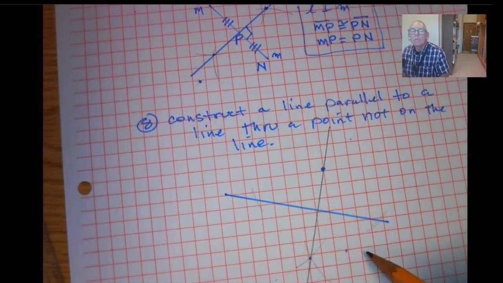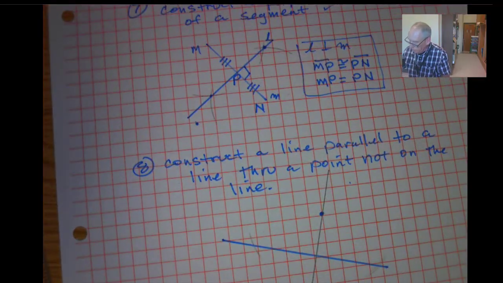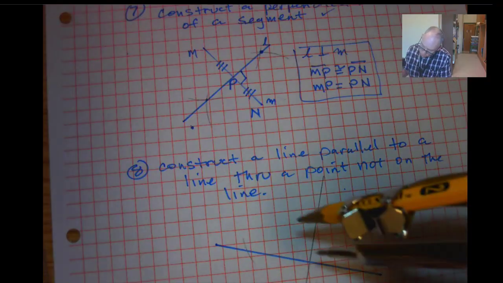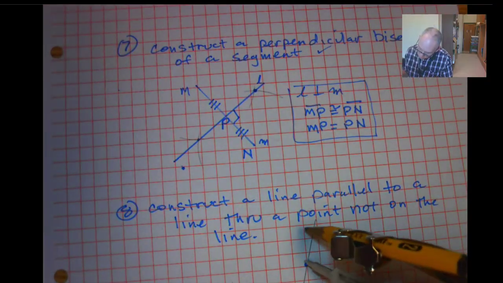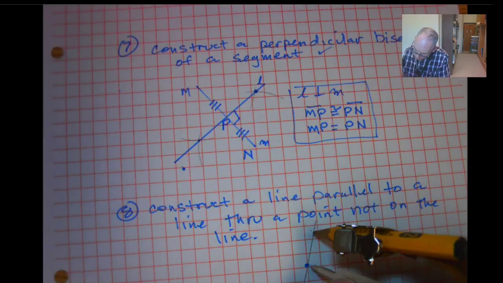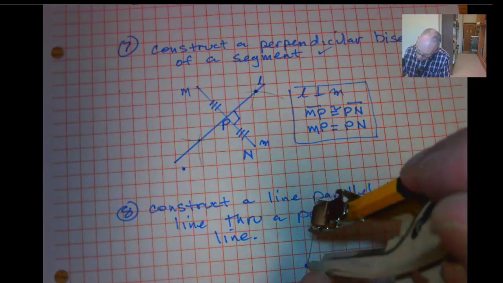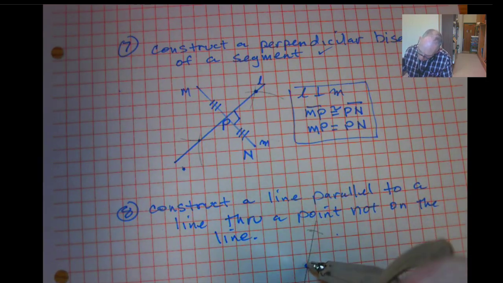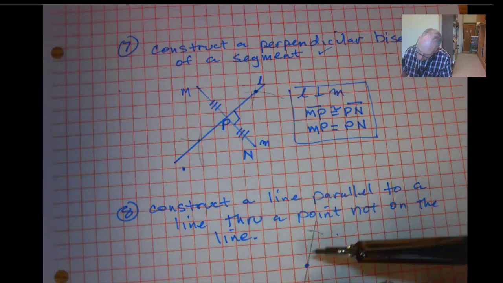And now for the next construction, I'm going to use that point, and I'm going to construct a perpendicular to the line that I just drew through that point, and those two perpendiculars will give me the parallel line. So the construction for this is to find a point equidistant on either side. I'm keeping my compass measurement the same, doing a point on either side.